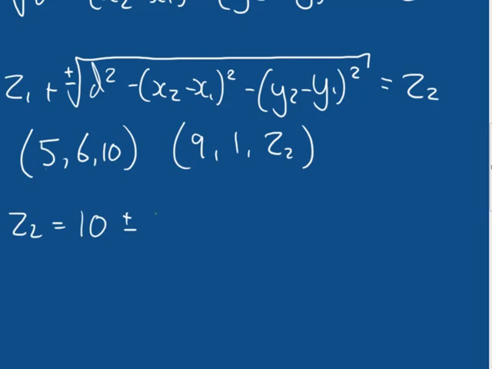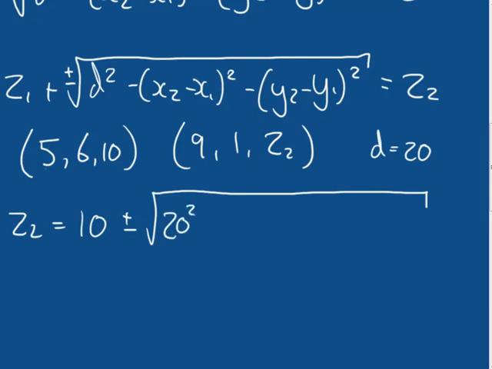plus or minus the square root of d squared. We saw that d was equal to 20 earlier, so d squared, 20 squared, minus x2 is 9, minus x1 is 5 squared, minus y2 is 1, so 1, minus y1 is 6 squared.